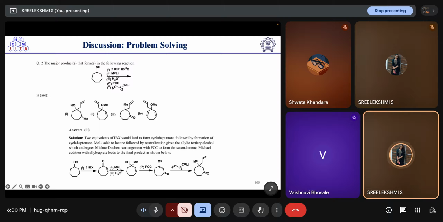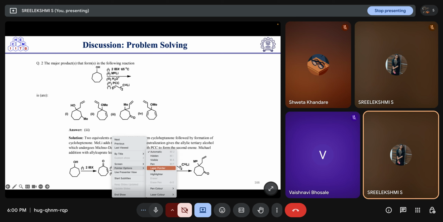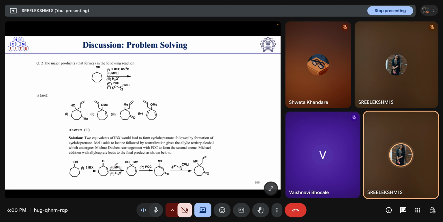Then we are using methyl lithium and then hydrolysis. So 1,2 attack of this methyl group is taking place over this ketone. This Me minus will attack over this center, this will go over here and it will be coordinated with lithium. Then in hydrolysis, this will get hydrolyzed and we will get OH and Me group.